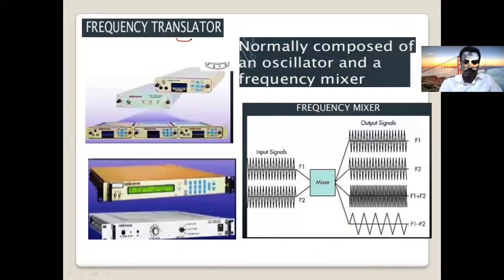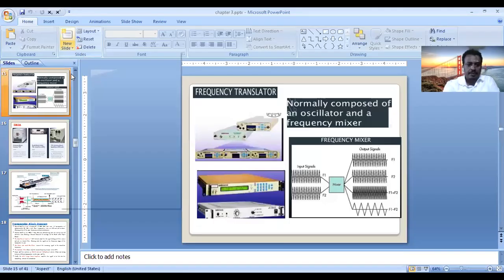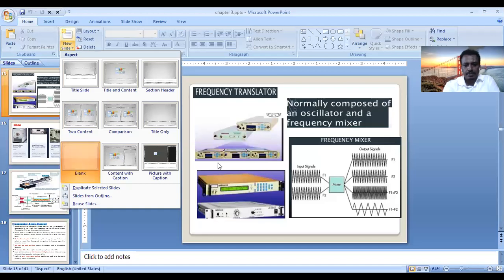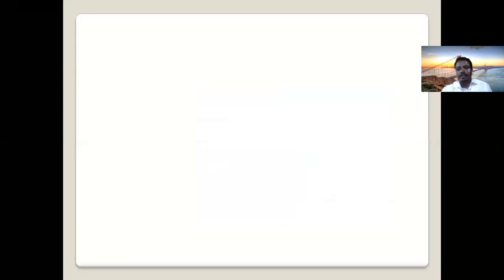But before that, I want to discuss with you how many transponders are in one satellite. It's not only one transponder. So let's see.